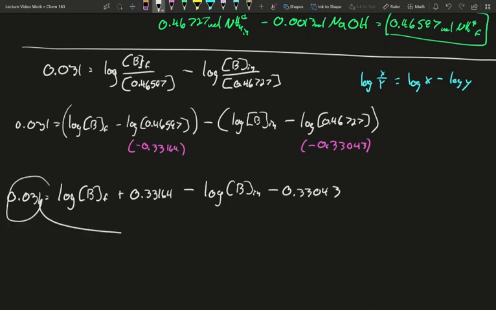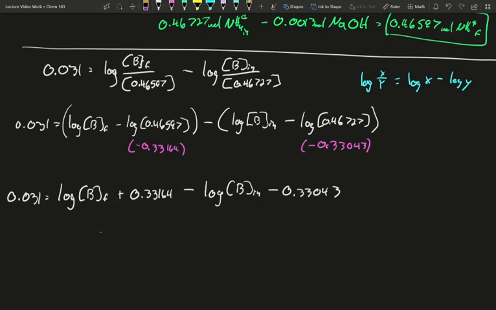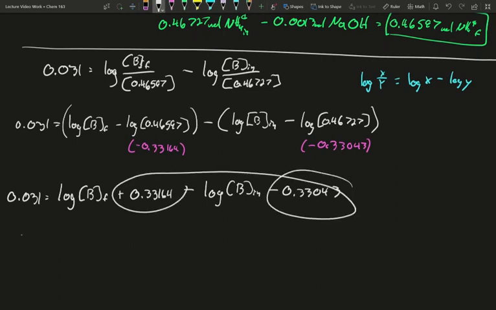Well, I got a value here, and I have something I can subtract to the other side. I have something I can add to the other side to move it around. Let's first combine these two. 0.031 will equal the log of the base final minus the log of the base initial plus 0.00121.